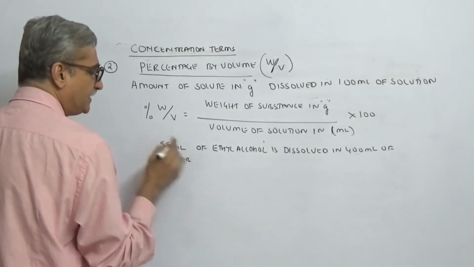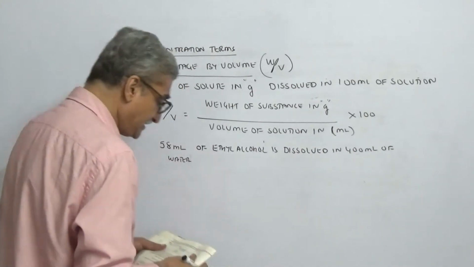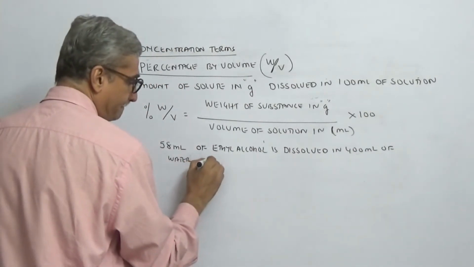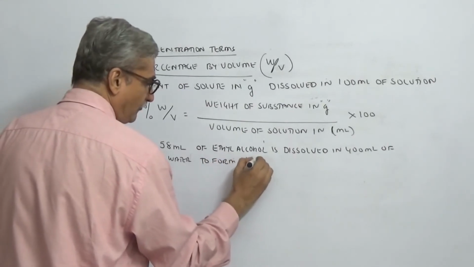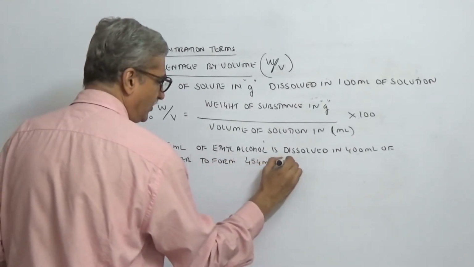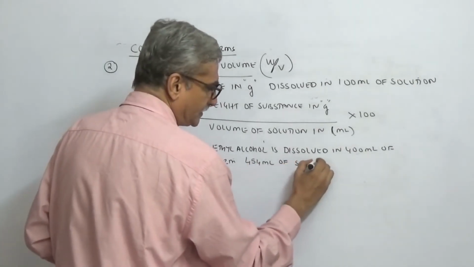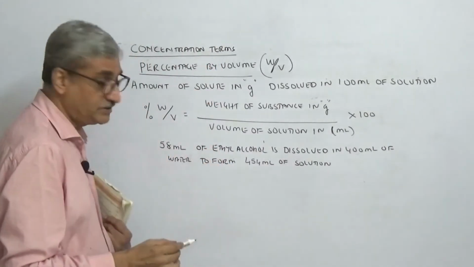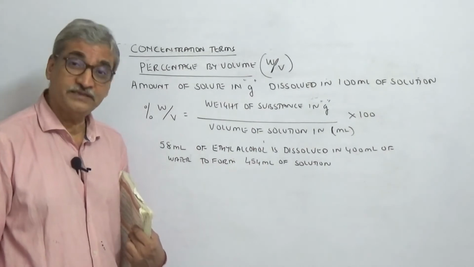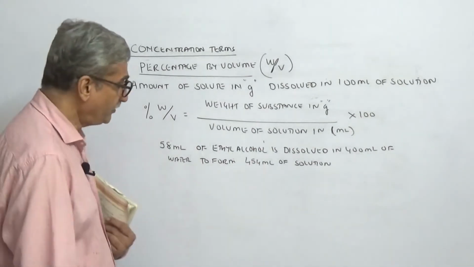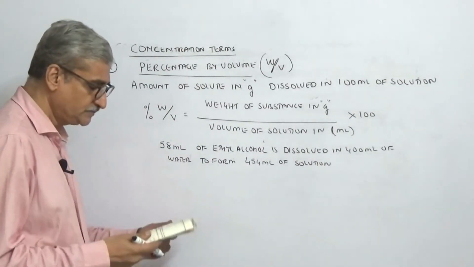So what do you expect? Total volume should be 458, na? Correct. It doesn't. It forms 454 ml of solution. So this is what I was trying to tell you. When you mix ethyl alcohol and water, the final volume decreases. This is a point you have to remember. This question is framed in organic chemistry, physical property.